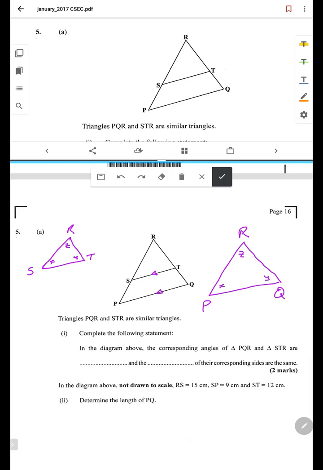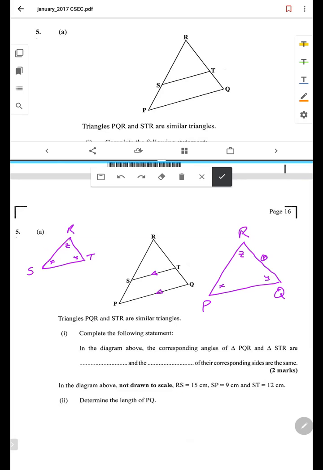So for example, this length over this length will be equal to this length over this length. Another ratio.